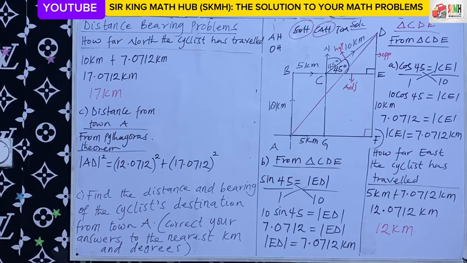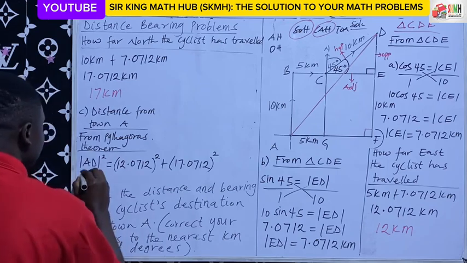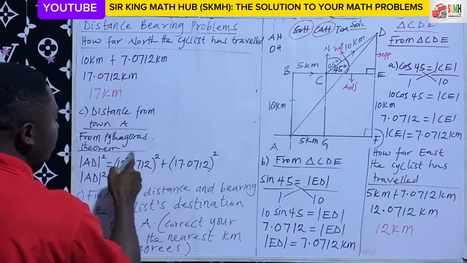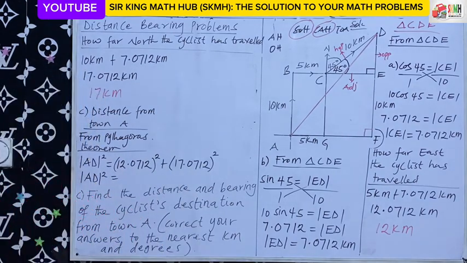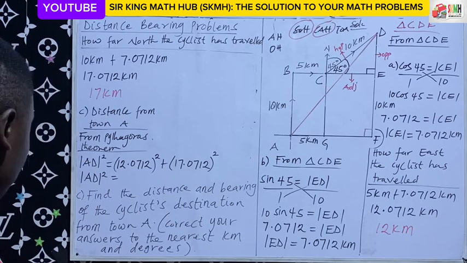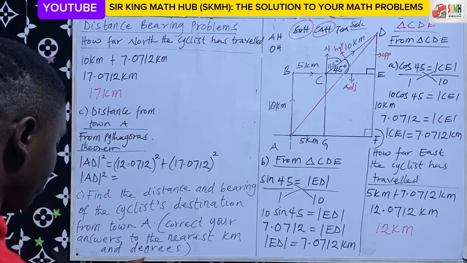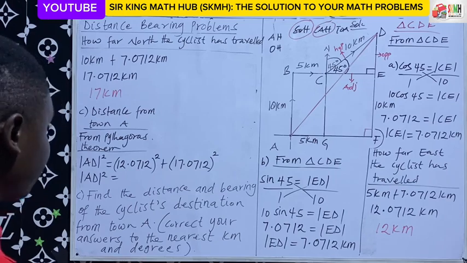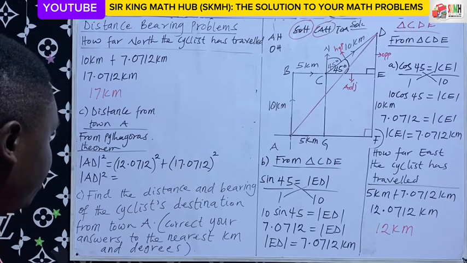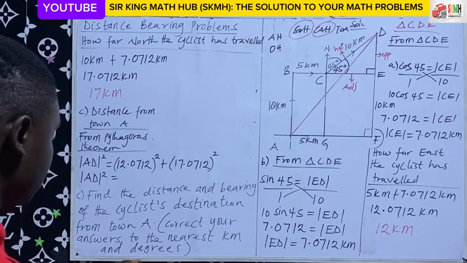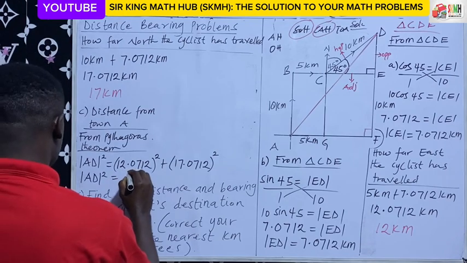Since we don't have much space, let's enter the whole of this value into the calculator: 12.0712 all squared plus 17.0712 all squared.